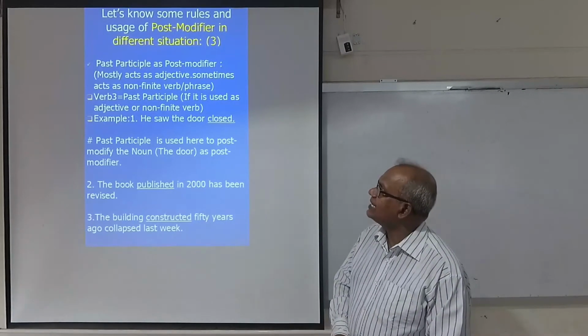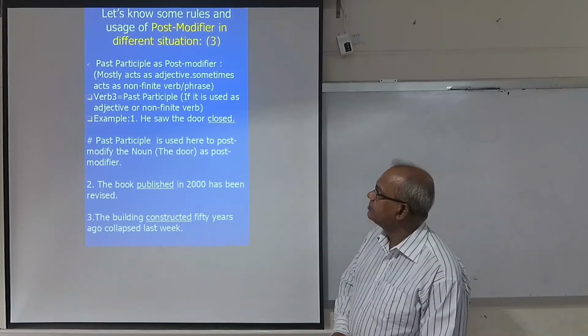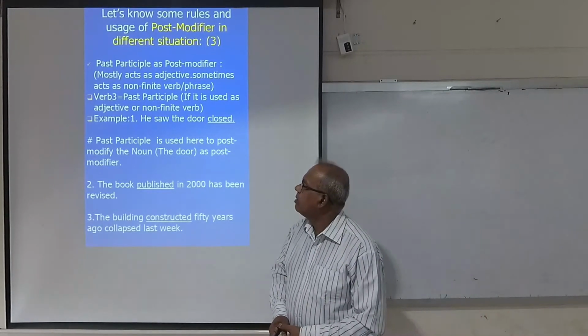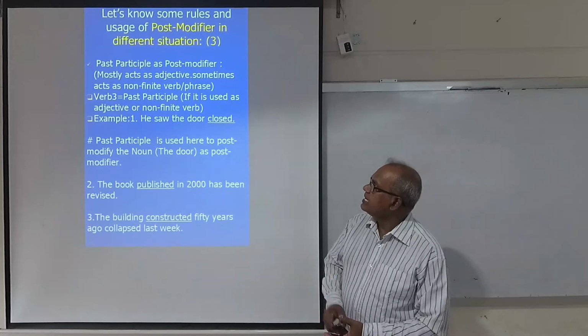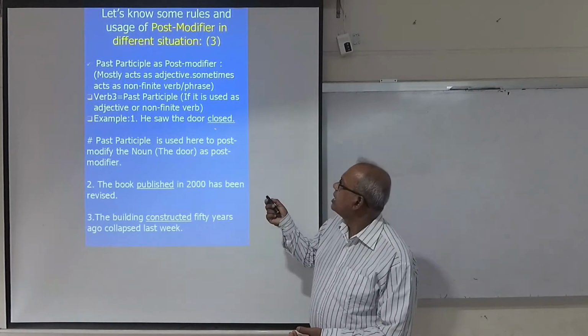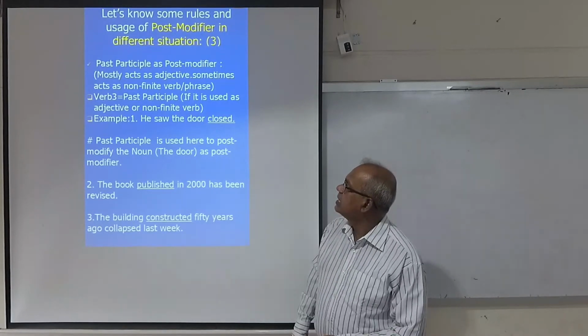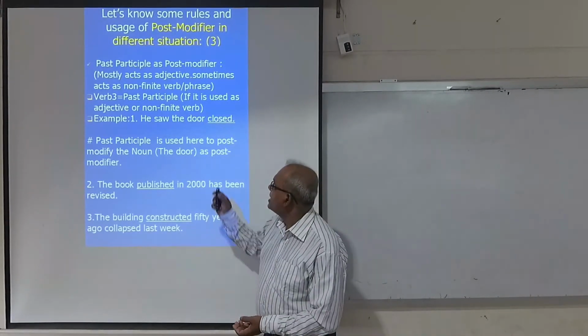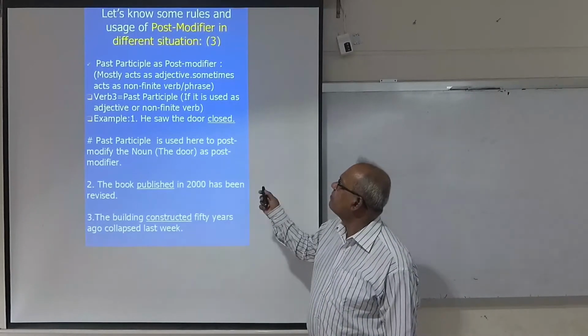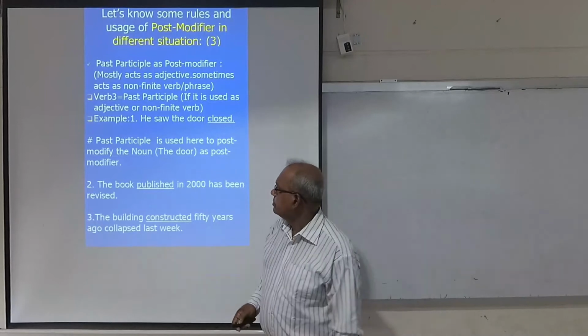If it is used as an adjective or non-finite verb, it is called past participle. Example number one: he saw the door closed. Look at the sentence. Closed is a past participle, used here as an adjective, and it modifies the door.